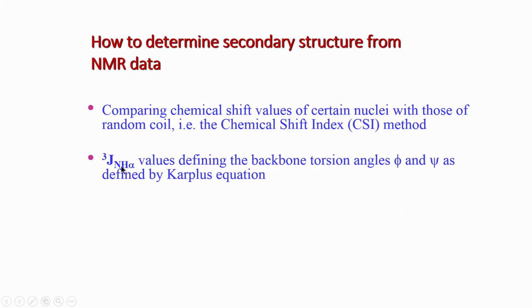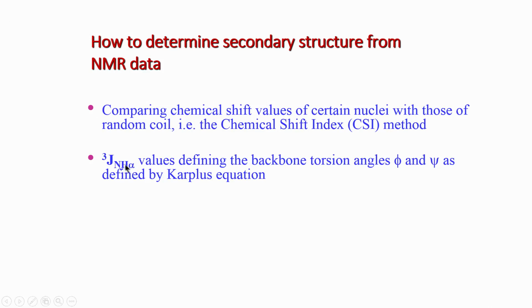The second most popular method is by calculating the 3 bond J coupling between the HN and H alpha. HN means the amide proton and the H alpha is the alpha proton attached to the alpha carbon.